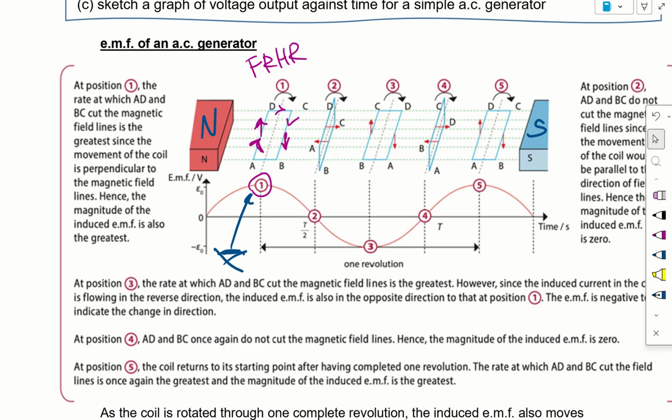Okay, but as the coil turns and now in position 2, we see that if we need it to continue to turn in a clockwise direction, the force on AB, it is now in this direction. The force on BC and the force on AD is in this direction.